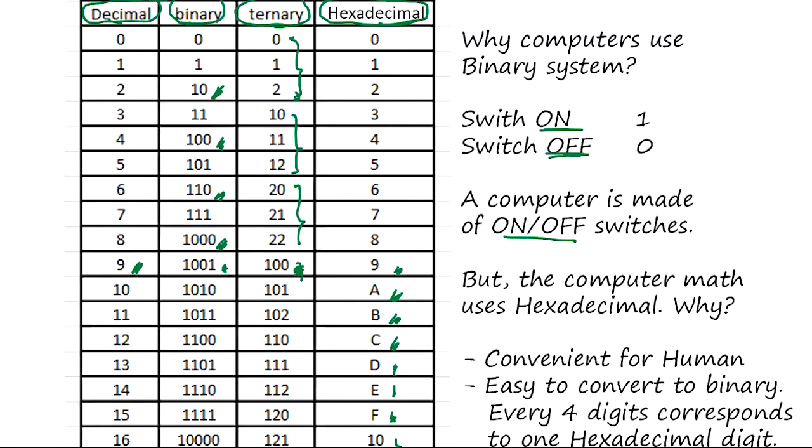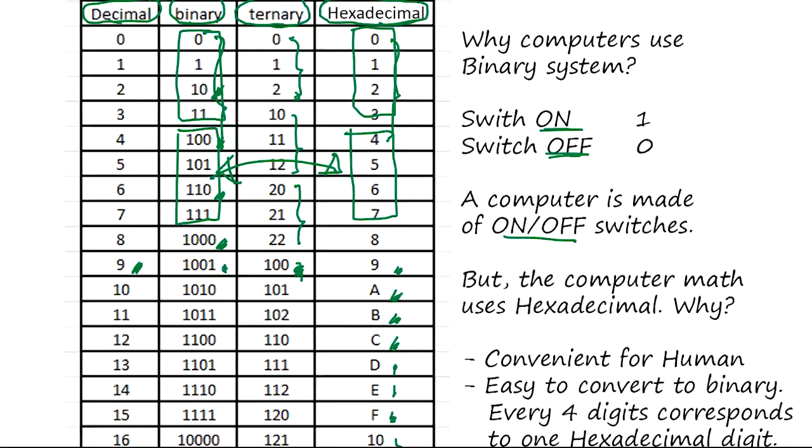Also, it's easy to convert to computer binary, because each group of 4 binary digits corresponds to one hexadecimal digit, and the next 4 digits correspond to the next one, and so on. So we can translate each digit between binary and hexadecimal. That's why it's convenient to use. The conversion between binary and hexadecimal is so easy.